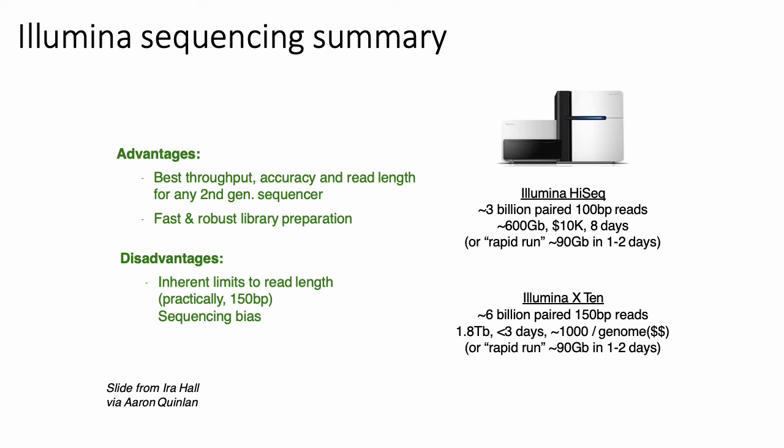The main disadvantage is that your read lengths are really short. From a practical standpoint, you get about 150 base pair reads, and this becomes a problem for sequencing genomes with a lot of repetitive sequence, or genomes with a lot of duplication, and we'll see why later.